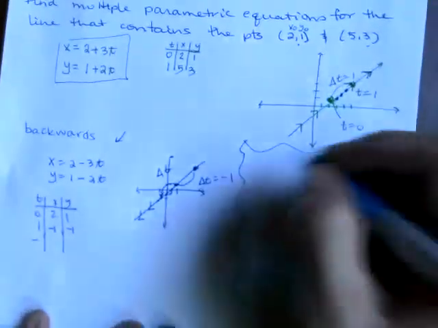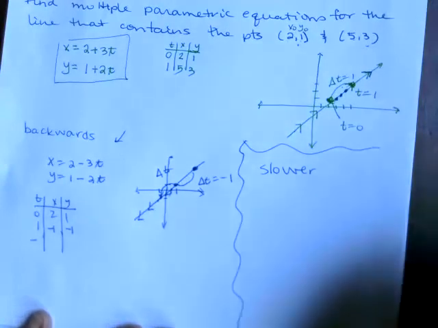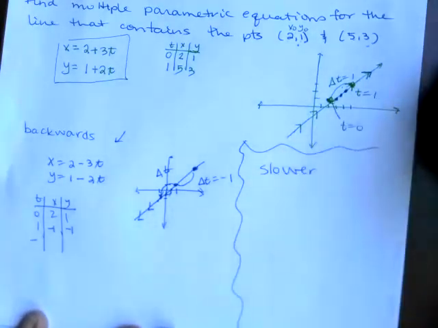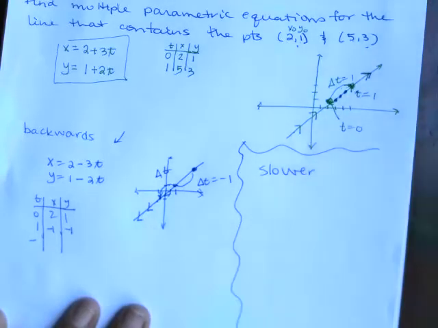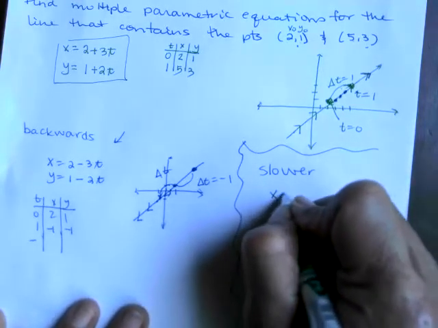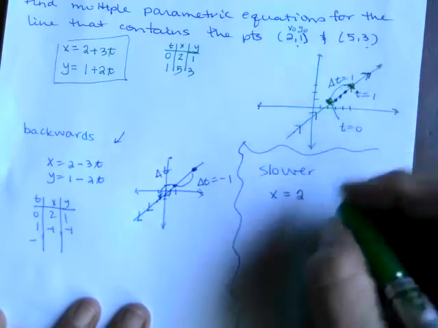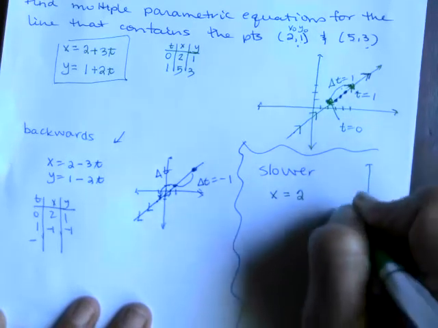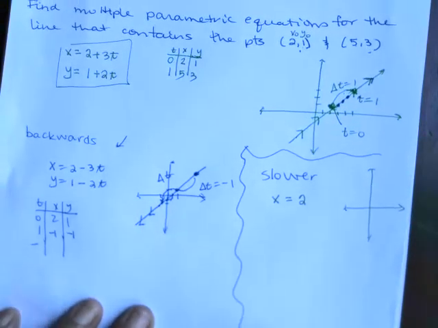What if I wanted to get there more slowly? So if I wanted to go back in the green direction, the positive direction. But what if I didn't want to get all the way up to 5, 3 in one step? What if I wanted to kind of meander my way there? So now I want to describe this again, still the same line, but we're going to go slower.